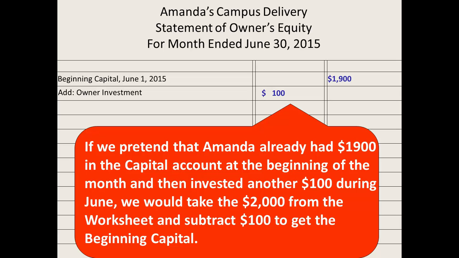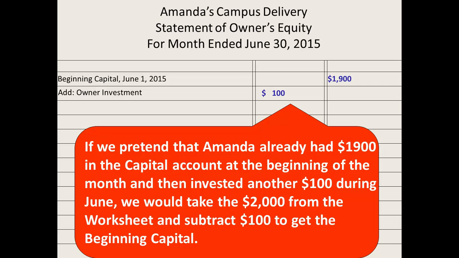So here we have a statement of owner's equity started, and again we have our heading up there, and it says for the month ended or for the year ended, etc., and we use the last date of that period. Then our first line is the beginning capital. You can say Amanda Adams, capital, June 1st, or you can say beginning capital.